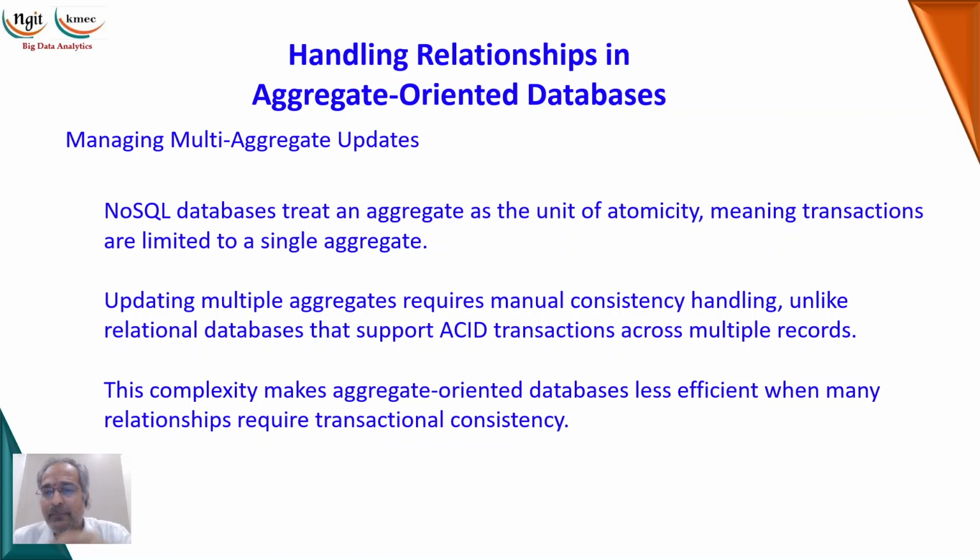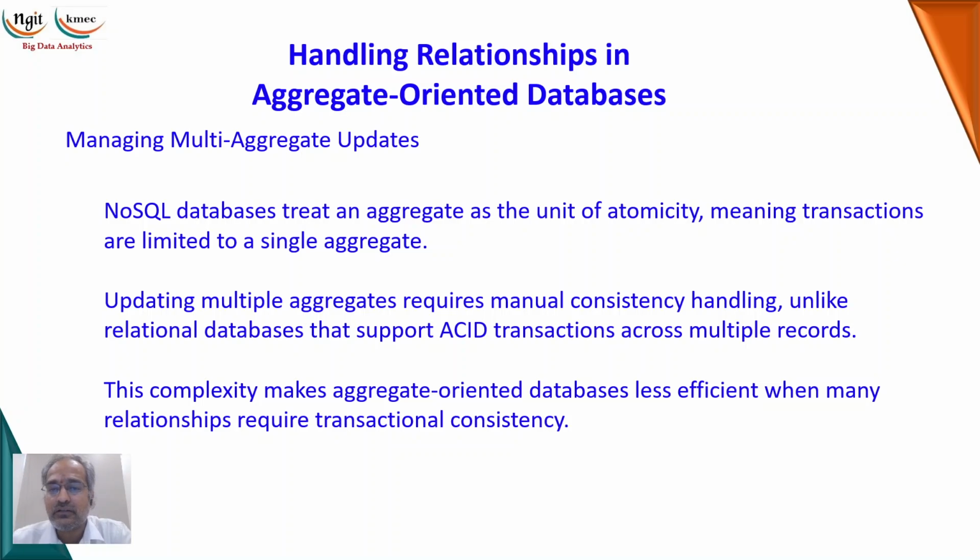Updating multiple aggregates requires manual consistency, meaning that there are no automatic ACID rules provided, so we have to provide the consistency. If you change something in one place, the same thing should be changed in another place also. That relation you have to maintain.